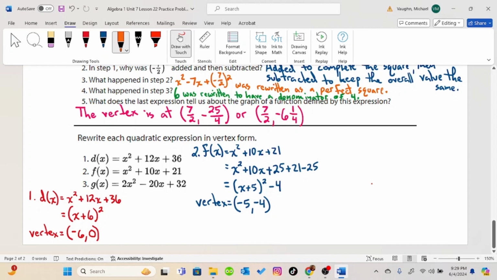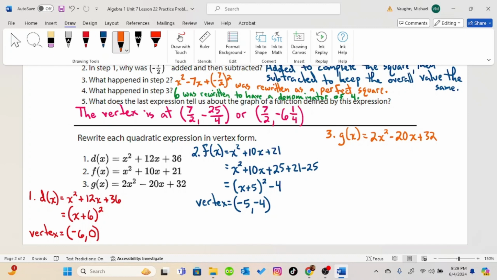For number 3, this is a little bit different than what we've done before, because now we have a 2x squared. So we have g of x equals 2x squared minus 20x plus 32.